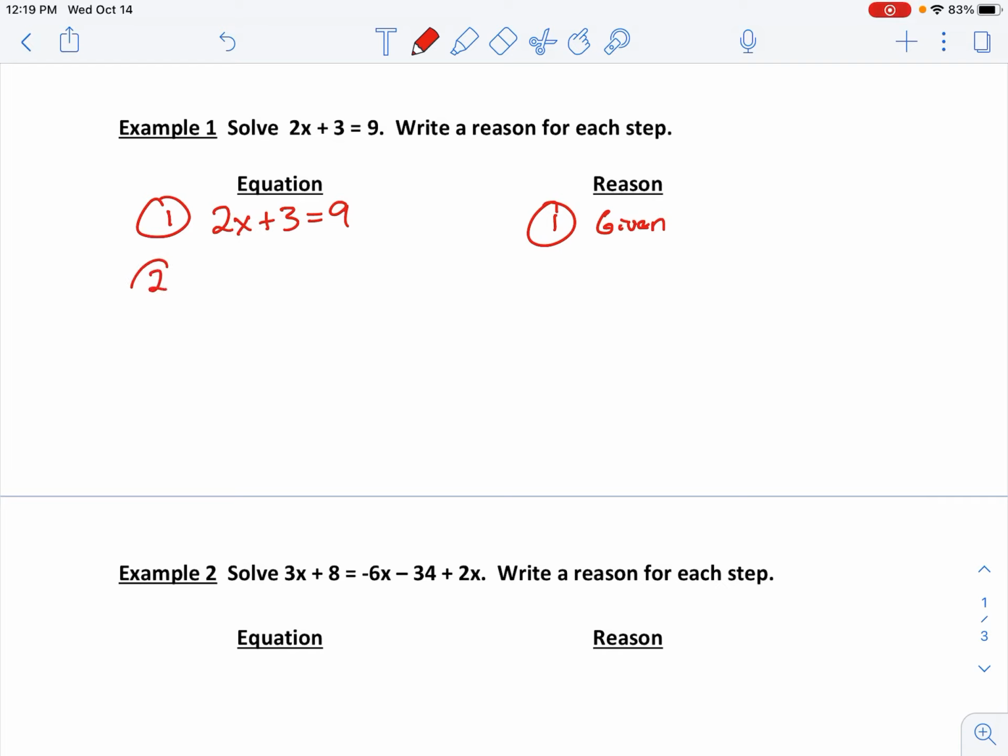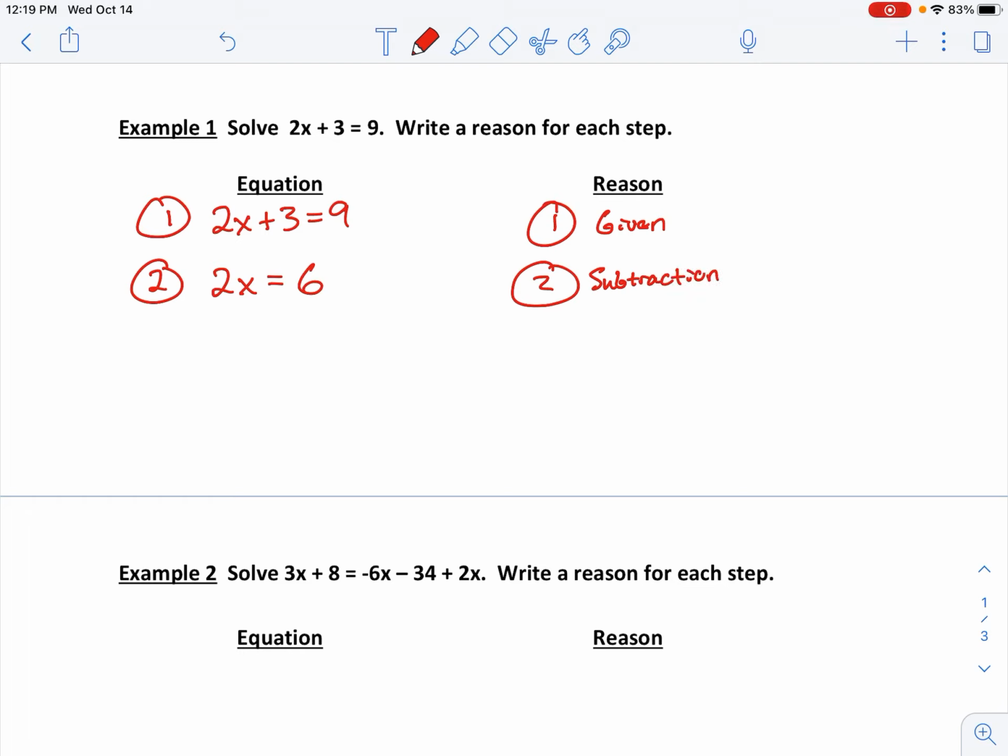Now for my second step, I'm going to get this statement, and hopefully you guys can pause the video and try to figure out how did he do this? What would justify him saying 2x equals 6? So go ahead and pause. And if you've unpaused now, hopefully you came up with what I did: I used the subtraction property.